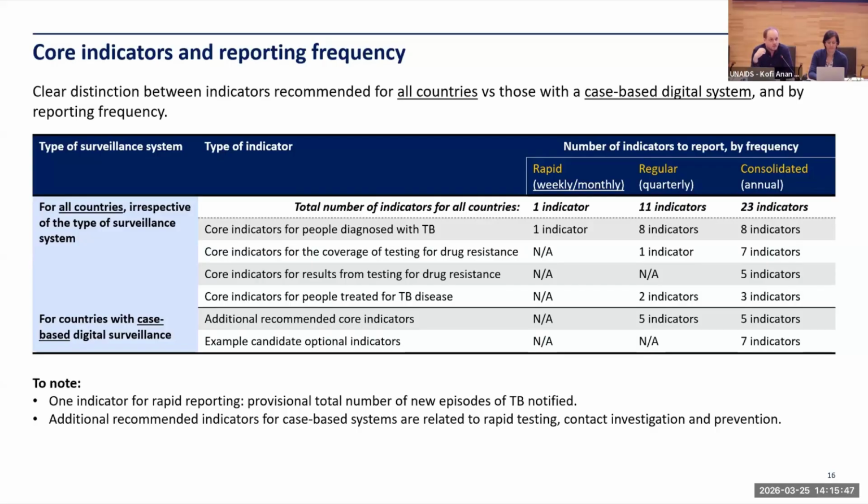We have indicators for people who are diagnosed with TB, a set of indicators for the coverage of testing of drug resistance and the results from those tests, and then finally a set of indicators for people who are treated for TB disease. And for countries with a case-based digital surveillance system, we have some additional recommended indicators and some optional indicators that are related to rapid testing, contact investigation, and prevention. Next slide.